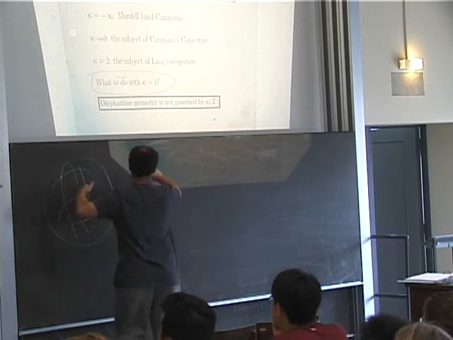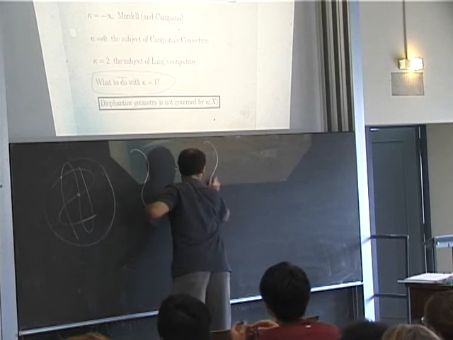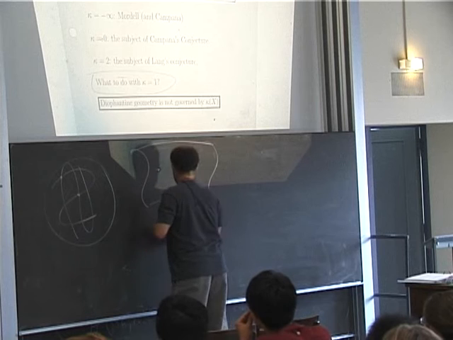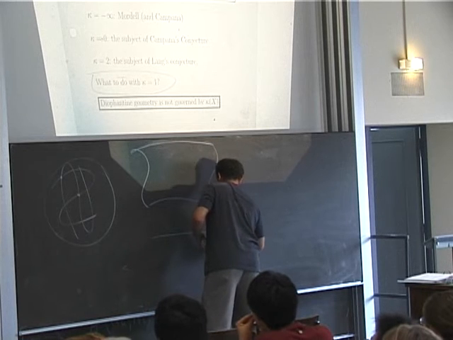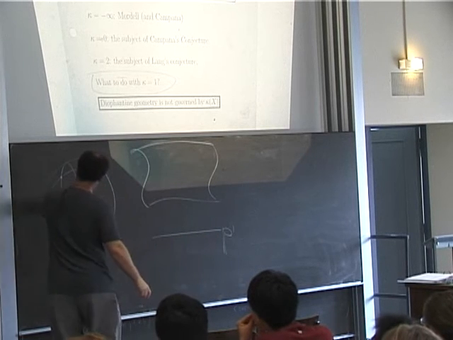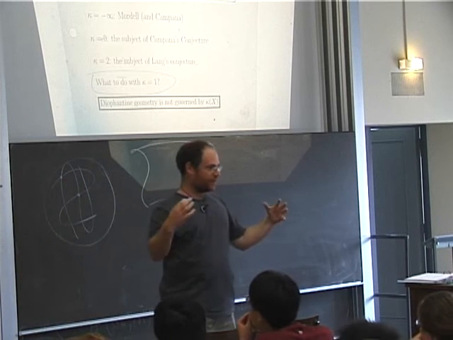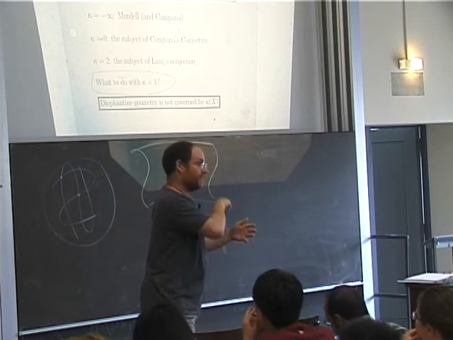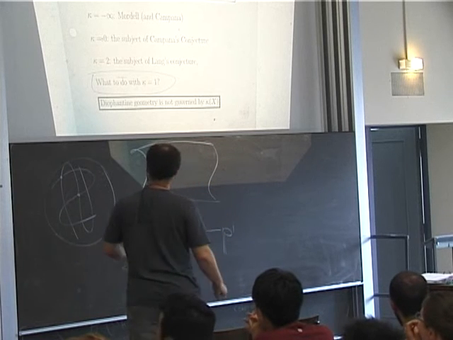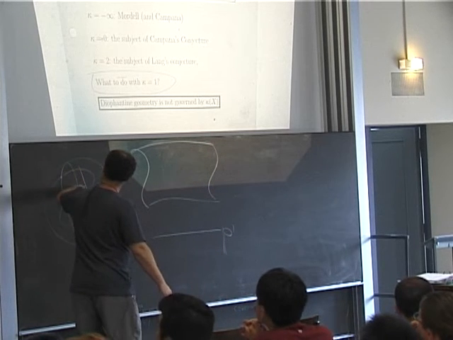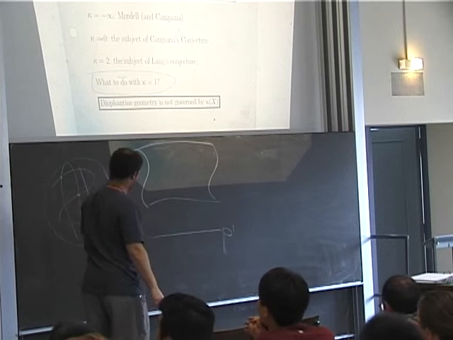So the total space of the family of cubic curves that you get is an elliptic surface, fibered over P1, which is just a blow-up of P2 at these 9 points. The total space of the pencil is the blow-up of P2 at the base points of the pencil.